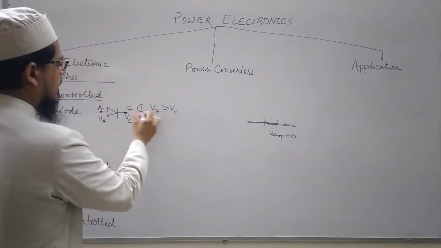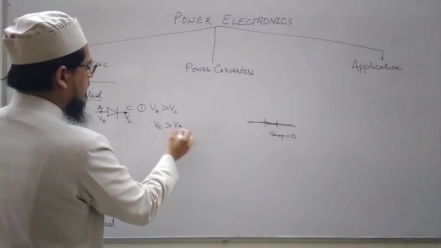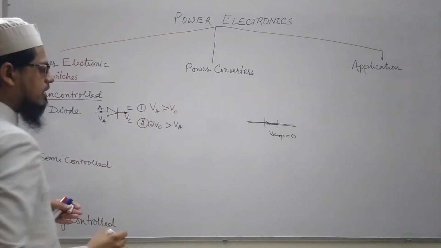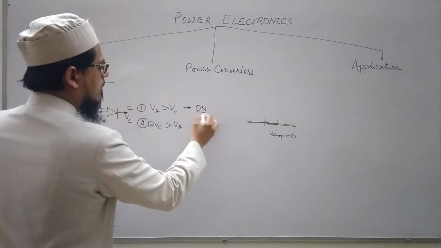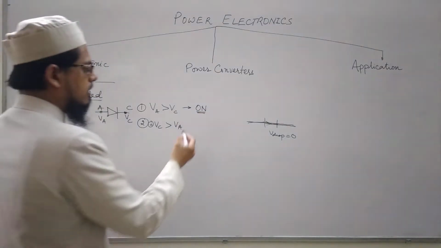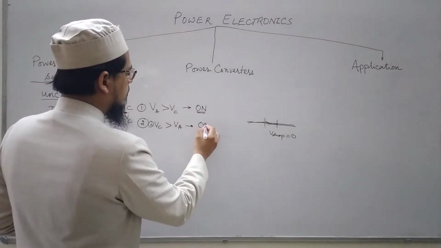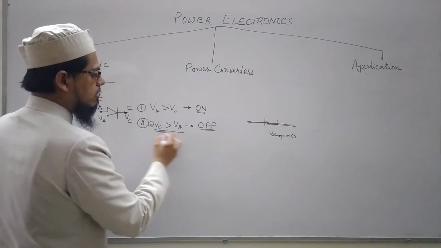The second case is when the cathode voltage is greater than the anode voltage. This is the criteria for the diode being on, and this is the criteria for the diode being off. But this is not the only criteria.